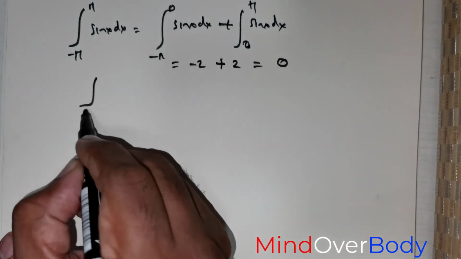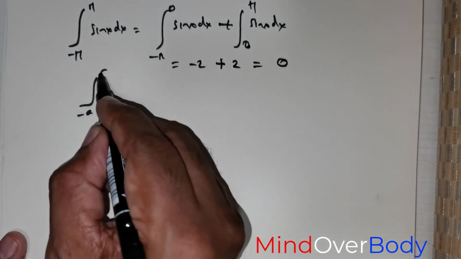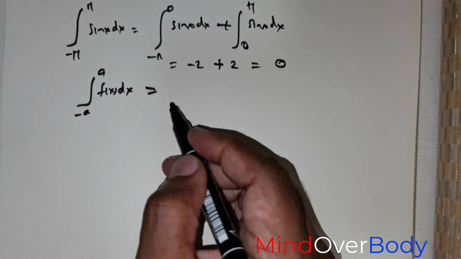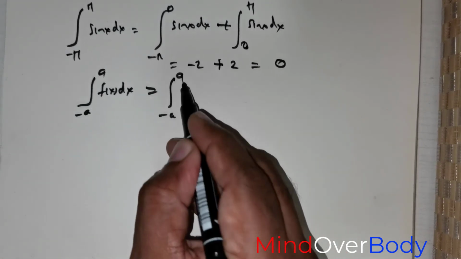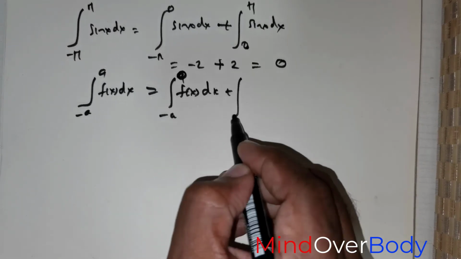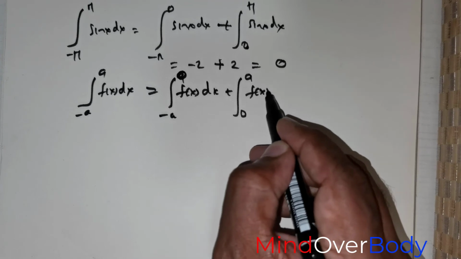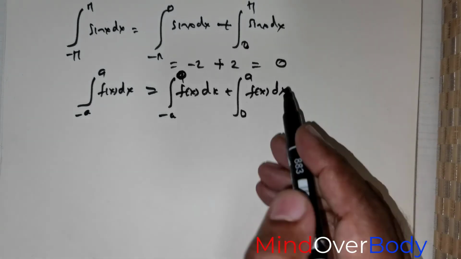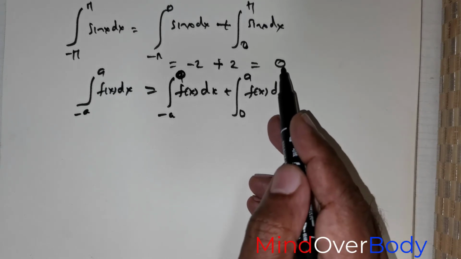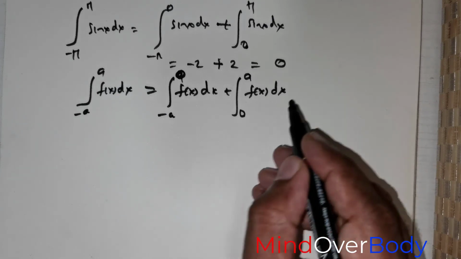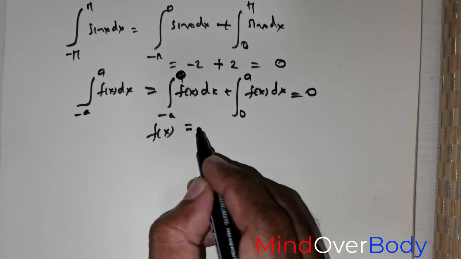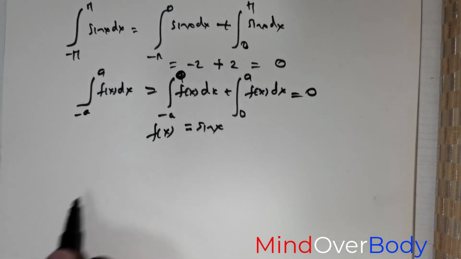Now this is similar to integral negative a to a f of x dx being equal to negative a to 0 of f of x dx positive 0 to a of f of x dx. And the outcome that we received in this case is 0 because of the fact that we were dealing with f of x to be sin x.